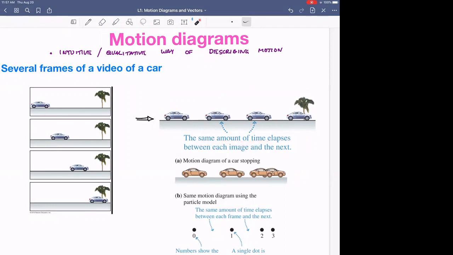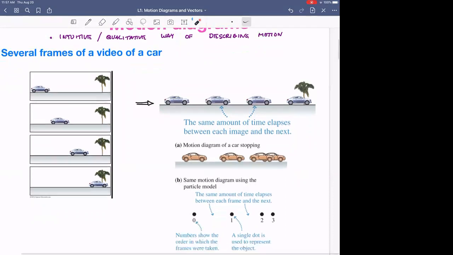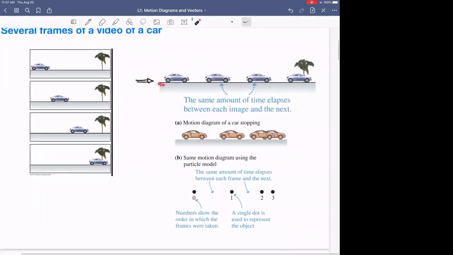So these are positions of the car at equal time intervals. And just by looking at this picture, you can gain a lot of information about this moving car. For one thing, we notice this car has moved the same distance in equal time intervals.